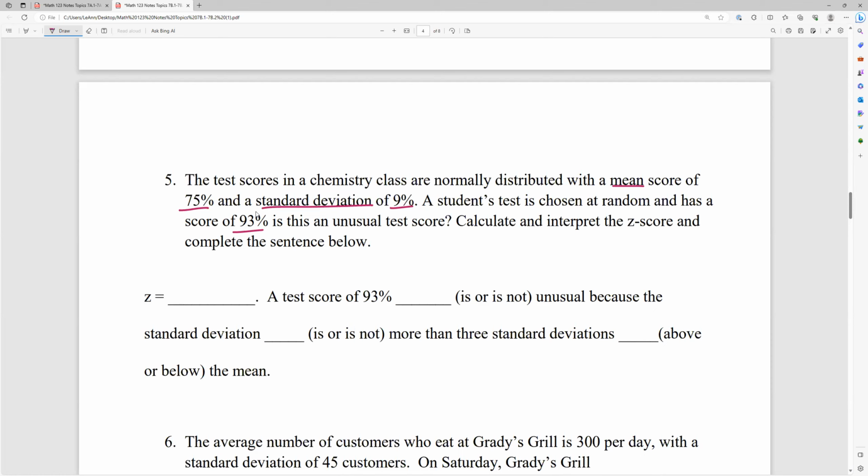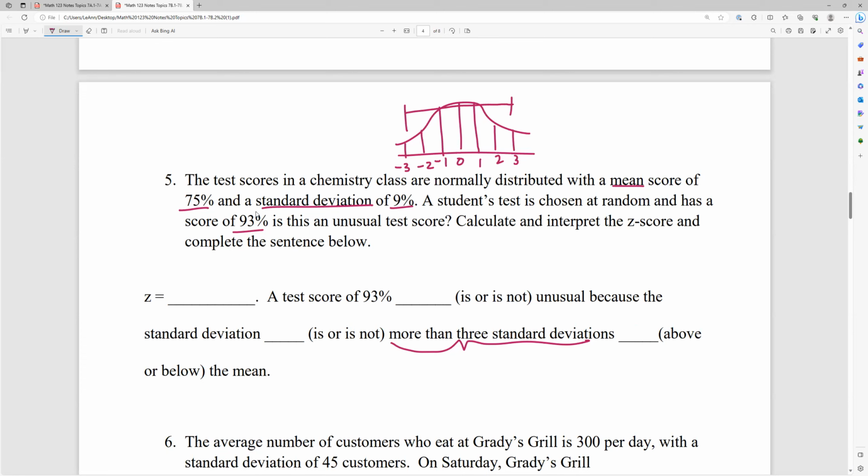So for unusual, you have to look at the structure down here. They actually give you a hint about what that means. They say unusual would be more than 3 standard deviations. Think about the one where a person was driving super slow, at like negative 3.75.